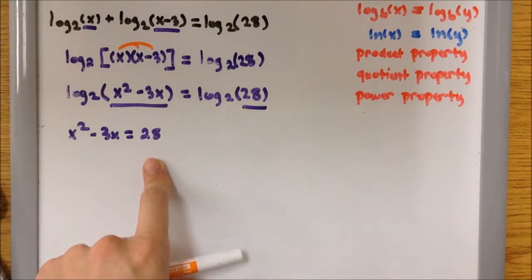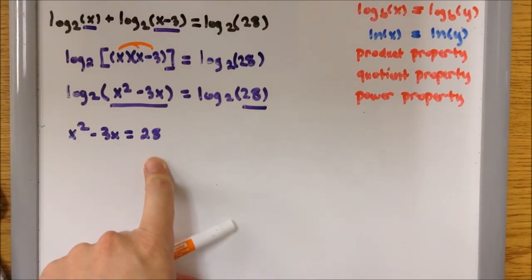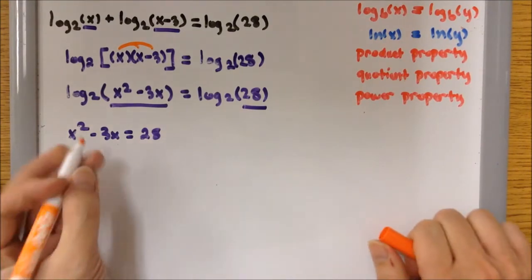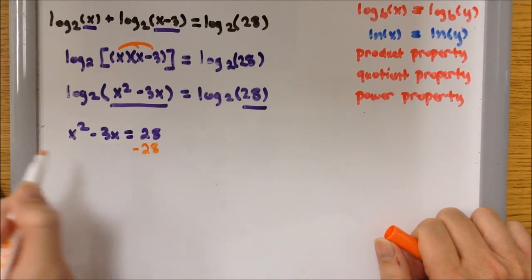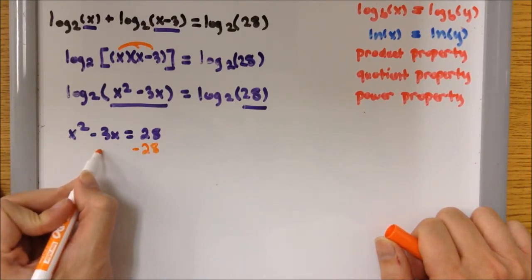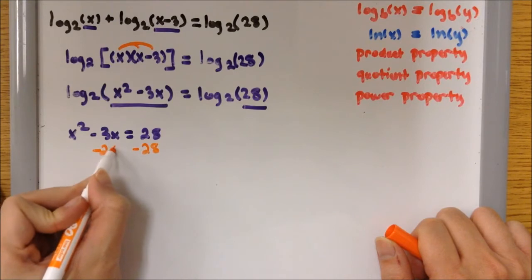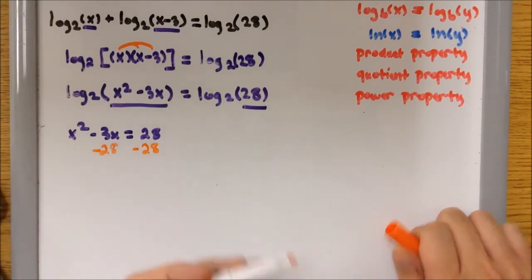So here I have 28, it's on the right. If I want to get rid of 28 from the right side, I'm going to do the opposite of 28, which is negative 28, and I'm going to subtract on the left side. Whatever I do on the right side, I can do on the left side.